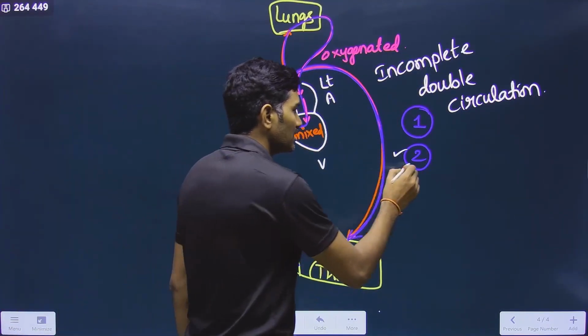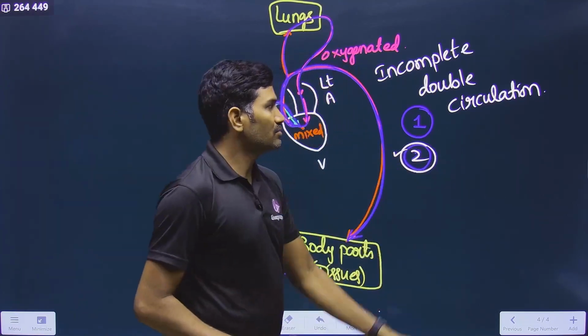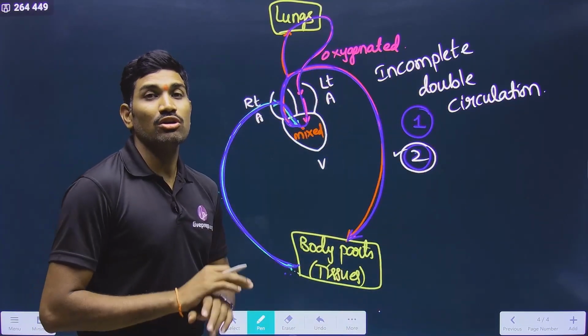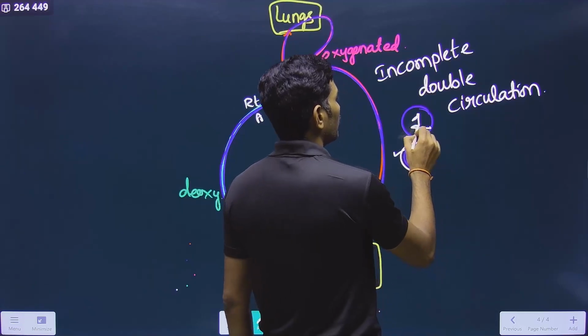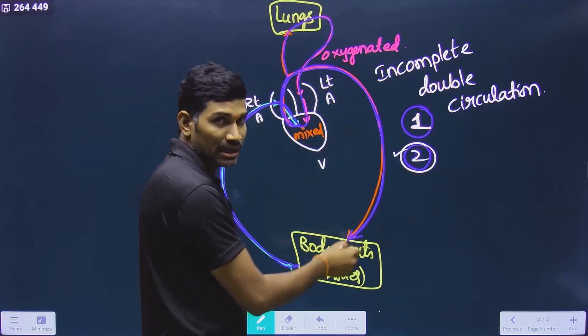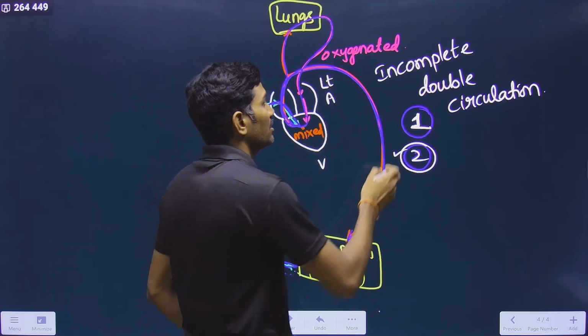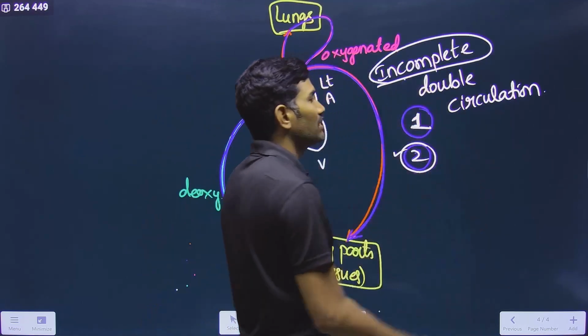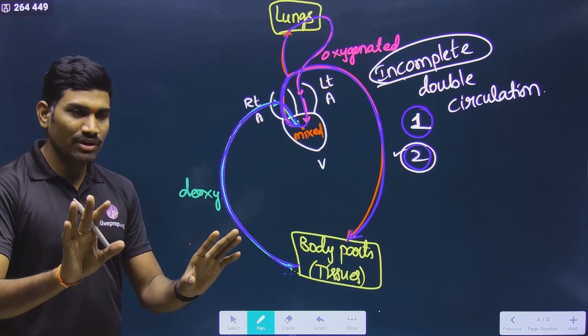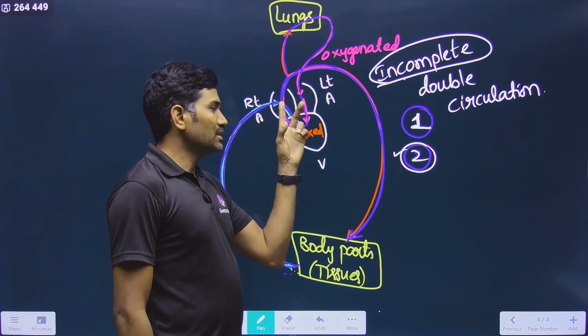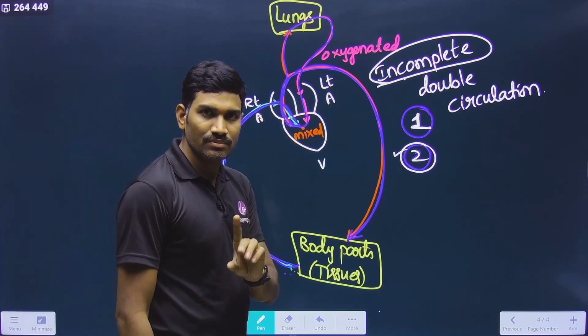So in some cases it is going two times. That's why you are using double, but it is not always two times. Sometimes it may be one time also, based on the way in which we are observing. So that's why it is called incomplete double circulation. So in the case of amphibians, two atria are present, one ventricle is present. Clear?